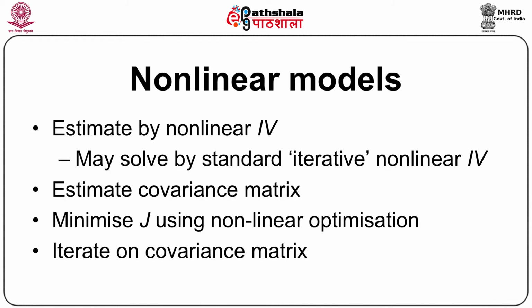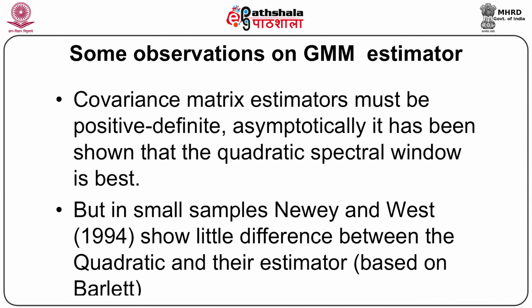Now, in the next, let us consider the nonlinear model. Estimate the model by nonlinear instrumental variables, solving by the standard iterative nonlinear instrumental variable method, and estimate the covariance matrix. Now, minimize J by using nonlinear optimization and iterate the covariance matrix to get the optimal covariance matrix. Now, let us note some useful facts about the estimation process.